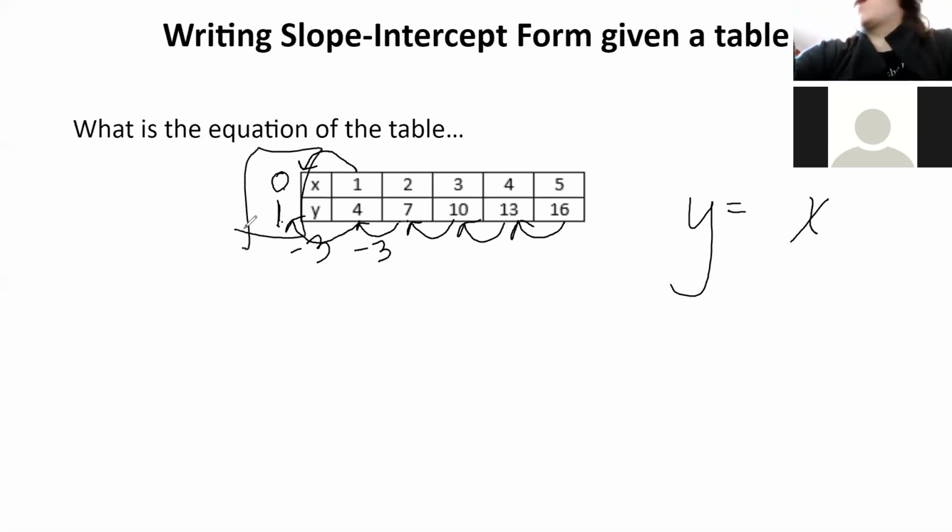That is our y-intercept. Does that make sense, guys? When x is 0, whatever the y is is your y-intercept. So we would say plus 1 at the bottom there. How do I find the slope? Do you guys remember that equation, what to do? You guys remember how to calculate slope?